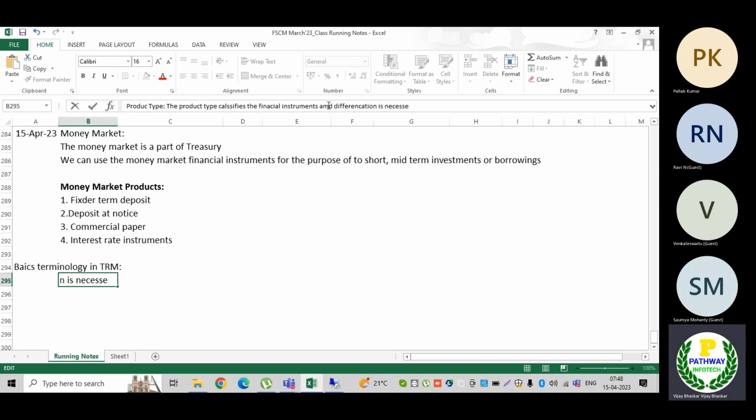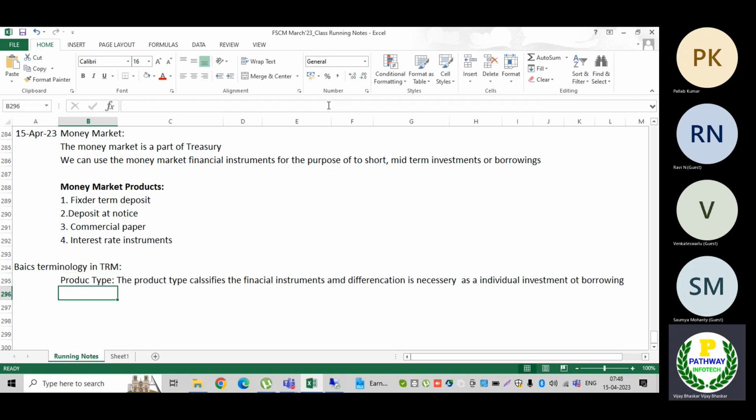The differentiation is necessary for each individual investment or borrowing. Now, at the end, how can we understand whether it's an investment or borrowing? Based on the transaction type, we will understand.